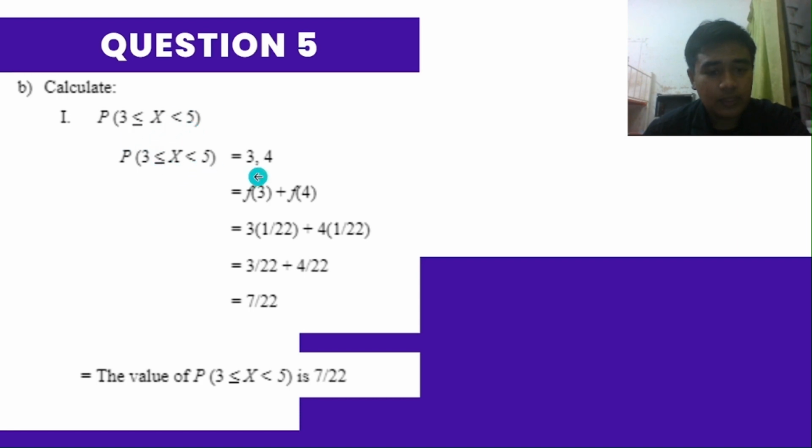So which means we need to find 3 and 4. Then we equal with f, and then we do this formula. Then we just need to insert the value of k, which is 1 over 22.